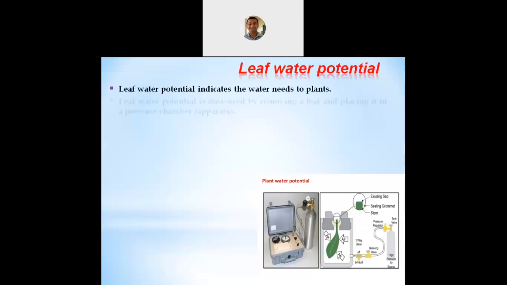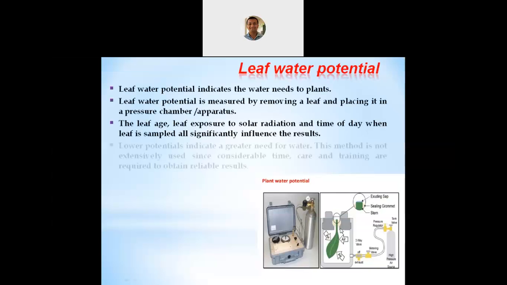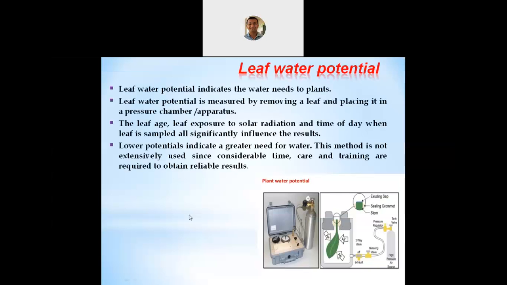Now measuring the leaf water potential. For measuring the leaf water potential, a special instrument, also known as the pressure chamber, is used. Like the soil water potential, leaf water potential also gives us an indication of whether a sufficient amount of water is present in the plant or not.